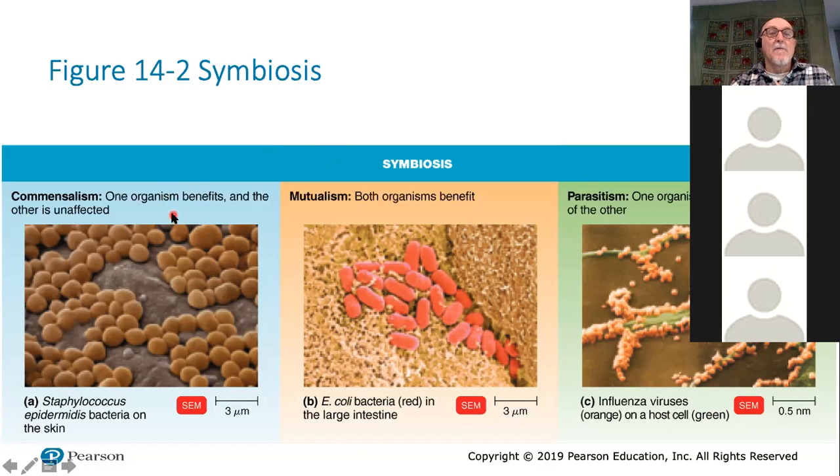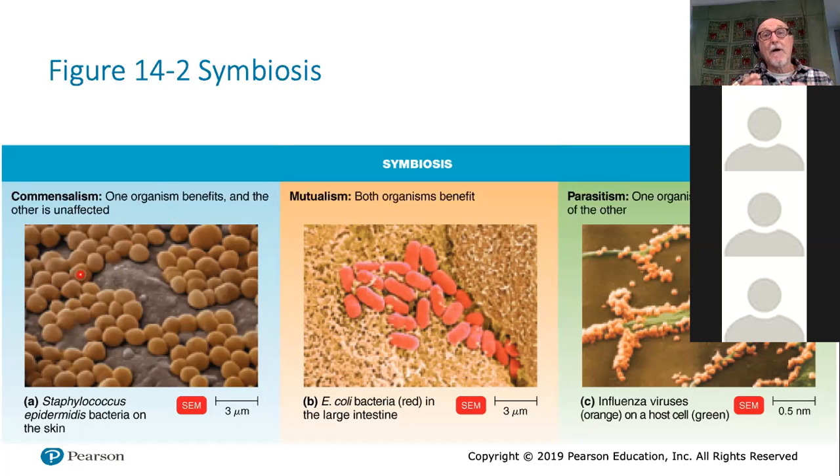Commensal organisms, this does apply to a lot of our microbiota. These are organisms which benefit from their association with us. They do us no harm whatsoever. In fact, they don't affect us at all. However, remember that that applies to particular organisms, not to the whole microbiota.